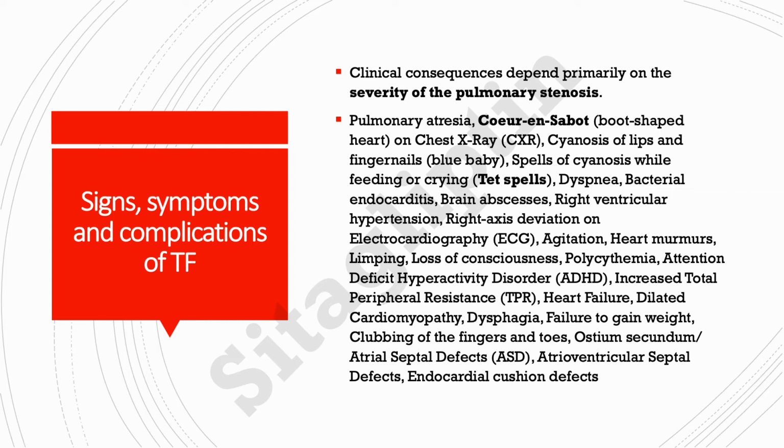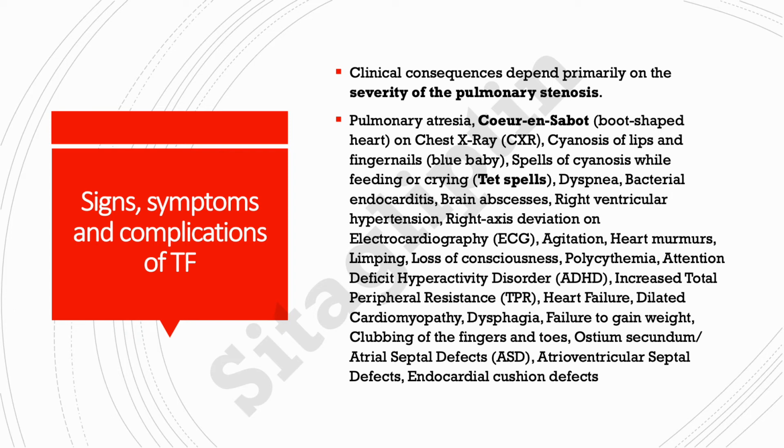But if we view the chest x-ray, CXR obviously, we would find a boot-shaped heart, because there is right ventricular hypertrophy, alright, and since the right ventricle is enlarged, we would have a boot-shaped heart, alright. This has a specific name, and I can't pronounce that right, sorry for that.